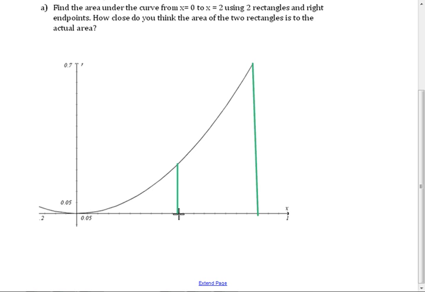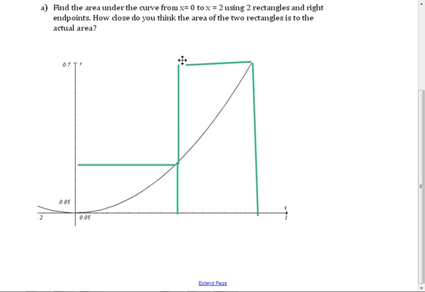And we're going to use the right endpoints of our rectangles. There. Not too bad. They're supposed to be the same size, as good as I get. They're going to be the same size.